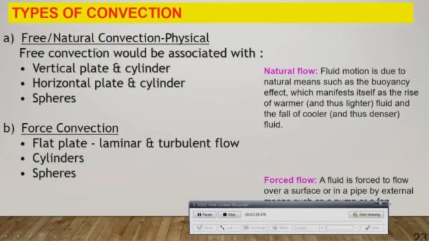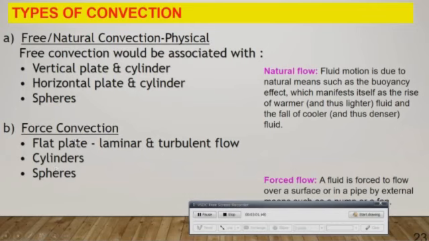Based on these two, free and forced convection, for each one we can divide it into three major types of geometrical shape. Basically for free convection: vertical plate and cylinder, horizontal plate and cylinder, and then spheres. Each one will have its own Nusselt number equation.